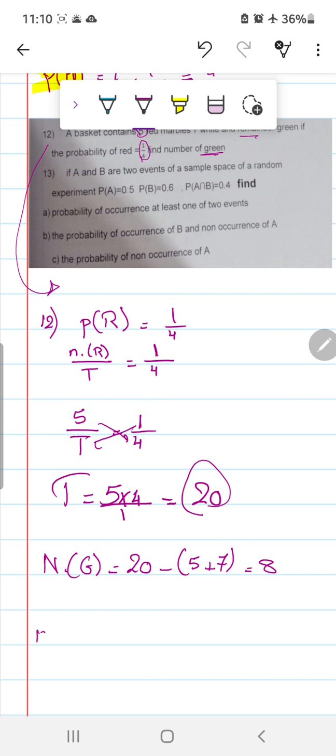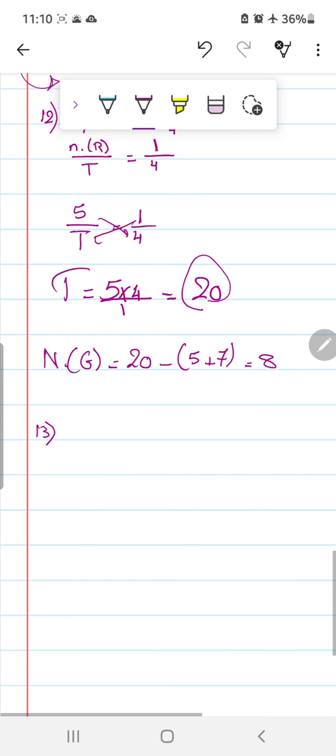Here number 13. If A and B are two events, okay, probability of A 0.5, probability of B 0.6, the intersection 0.4. Part A: find the probability of occurrence of at least one of the two events. At least means what? Of course it means union.